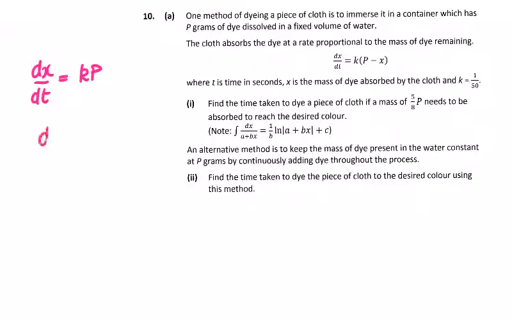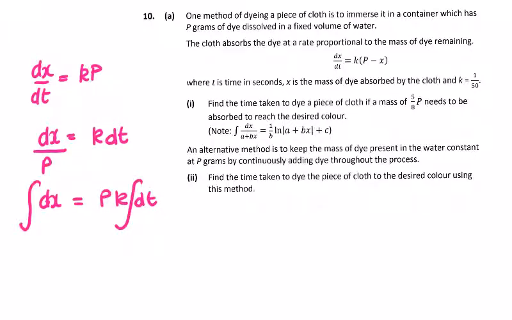So we're going to get dx over p is equal to k times dt. I'm thinking it might actually be easier to leave the t across there. If I say pk dt over here and integrate this and this, we want to go from 0 to 5P over 8, and we're looking for the time, so 0 to t.